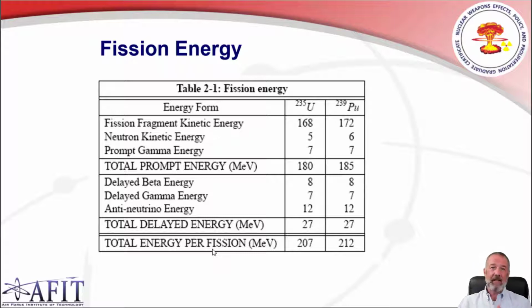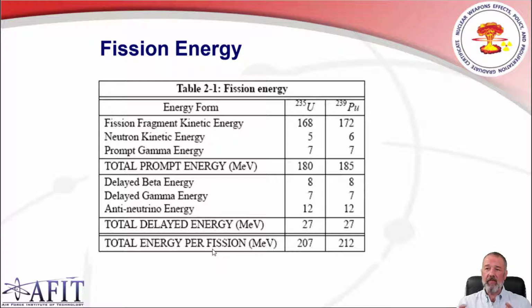And the antineutrino on here is just to do the mass balance and the momentum balance of these radioactive decays, but for all intents and purposes, antineutrinos or neutrinos don't really interact with anything, so we can consider their energy not relevant. The delayed portion is usually pushed out to a far enough timeline that it really doesn't affect the nuclear detonation itself.